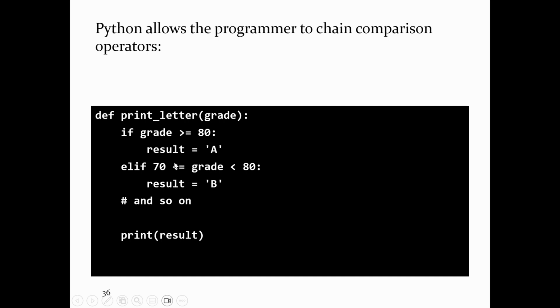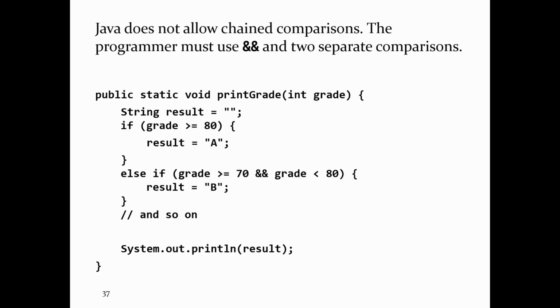Really, what the programmer is saying here is: is the grade greater than or equal to 70, and is the grade less than 80?